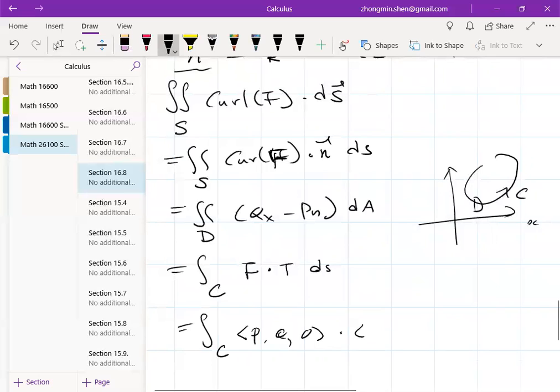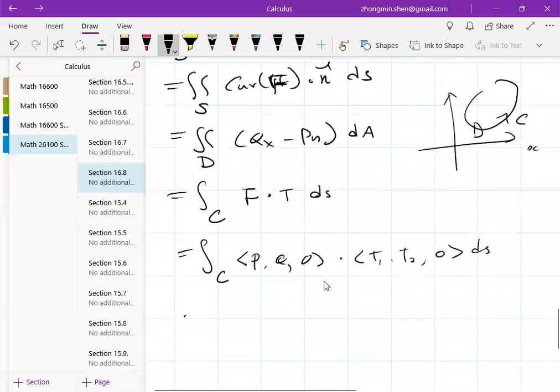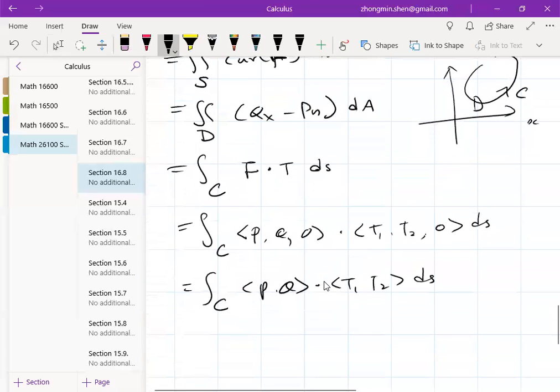Viewed in three-dimensional space, it has three components, but the first two components are non-zero and the third component is 0. So actually, this is just the dot product of these two-dimensional vectors, like a usual line integral of the vector field.